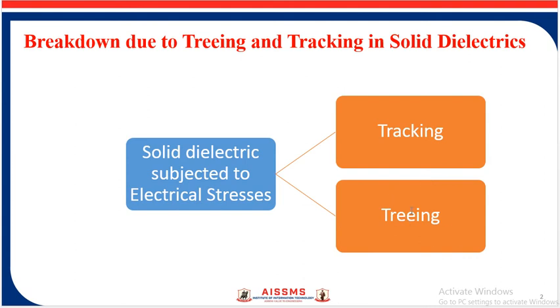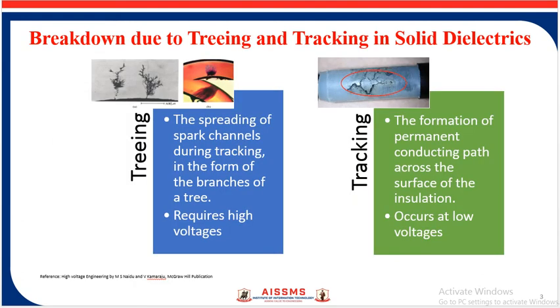So, the spreading of spark channels during tracking in the form of the branches of a tree is what is called treeing. Whereas, tracking is the formation of a continuous conducting path across the surface of the insulation, mainly due to surface erosion under voltage application.